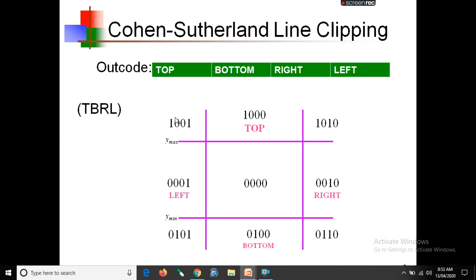If you want to generate the outcode or region code for this area, please see the mouse pointer. We need to perform a bitwise OR operation between the top outcode and the left outcode, and you will get the outcode for this area.